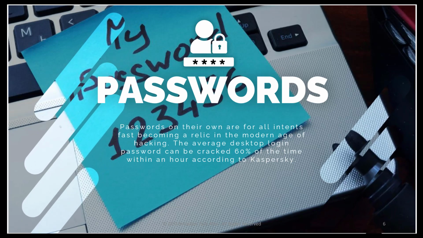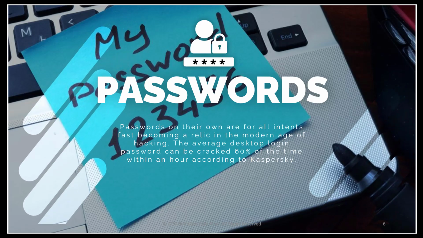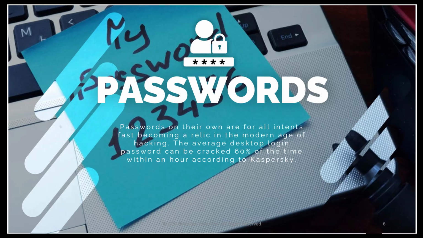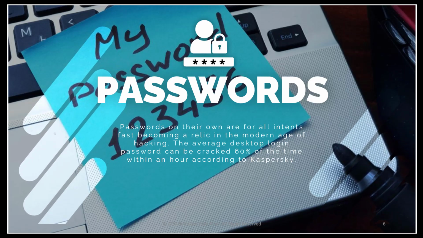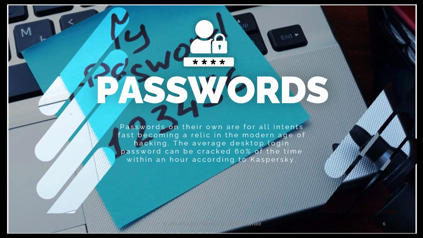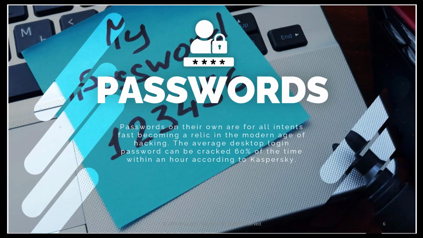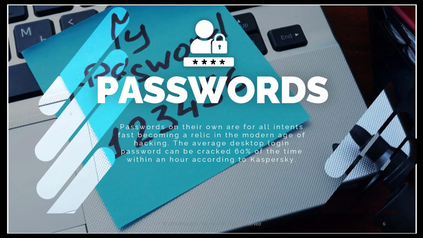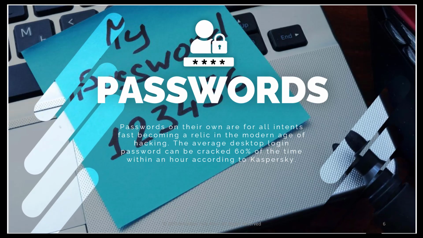These algorithms work by calculating the frequency of various character combinations across millions of sample passwords, ranging first from the most common combinations and down to the rarest ones. According to the cybersecurity firm Kaspersky, we rarely choose truly random passwords, and our attempts at generating them pale in comparison to machines.